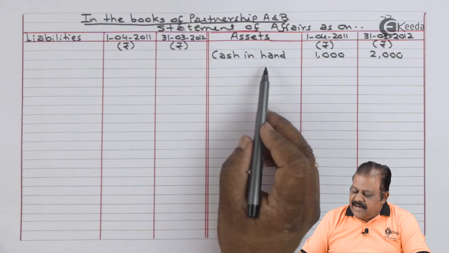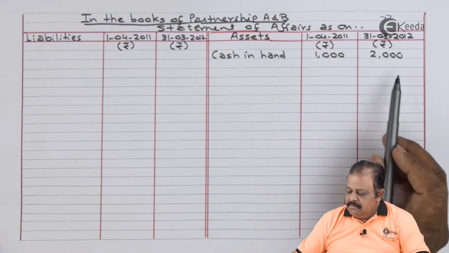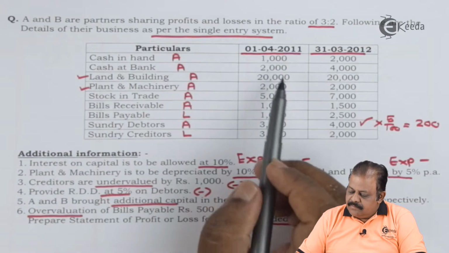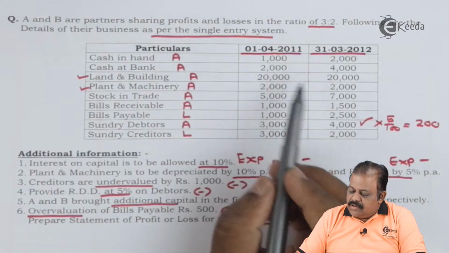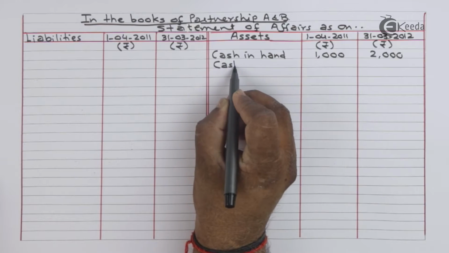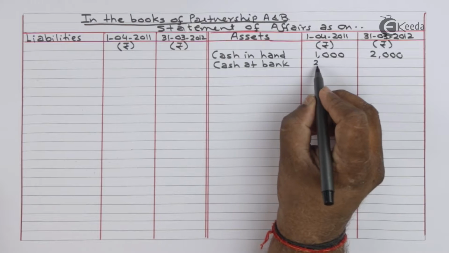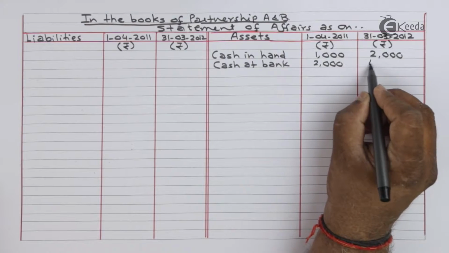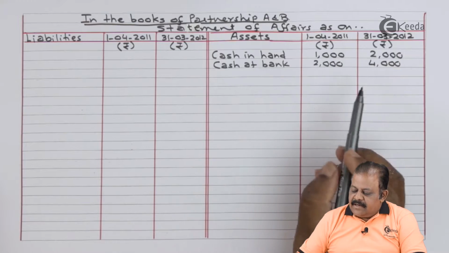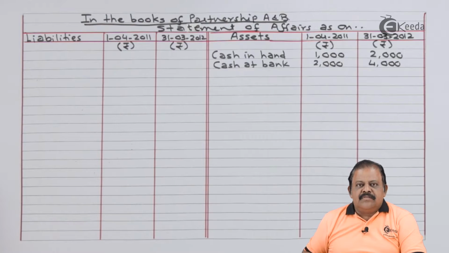Cash at bank, opening 2000, closing 4000.